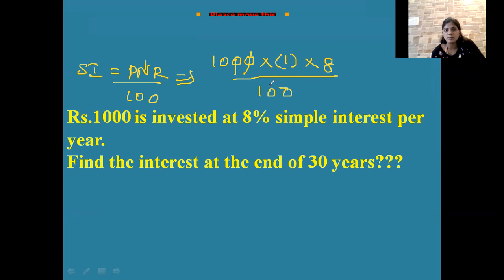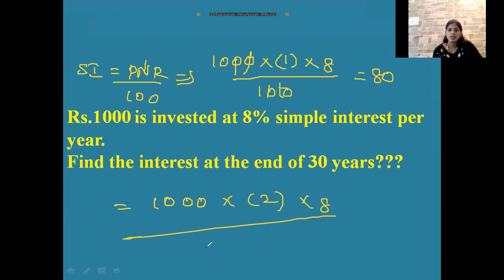Now you can simplify this. You'll get the answer 80 for the first year. For the second year, again utilize the same formula, just replace N with 2. If you simplify this, you'll get the answer 160. So here we found the information for the first year and the second year.